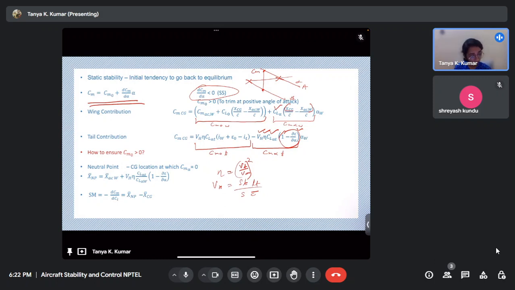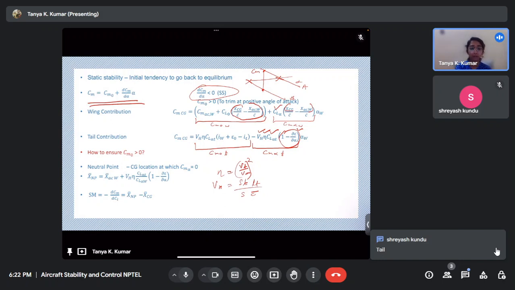Because this term right here, this is negative, right? Cm AC wing is generally also negative. What could make it positive? Yeah, what in the tail?